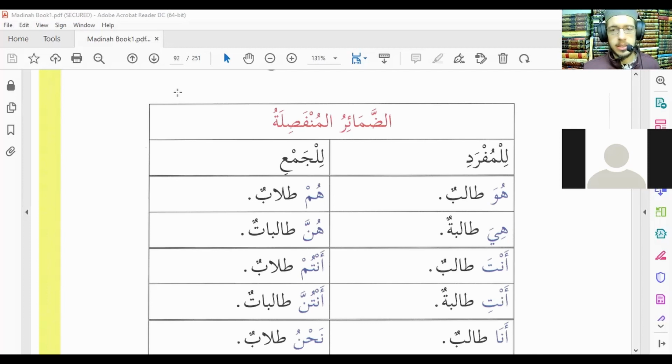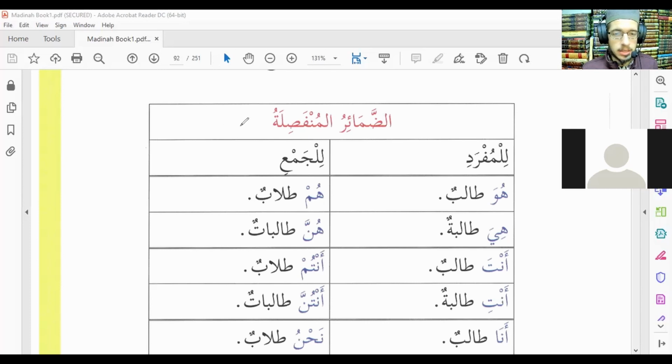They have kind of an easier way, or maybe just a different way of looking at them. They categorize them into two categories, munfasila and muttasila. Munfasila means separated, detached pronouns.